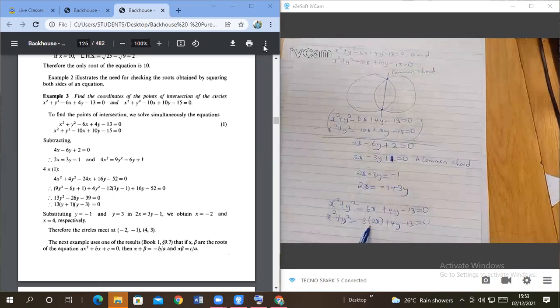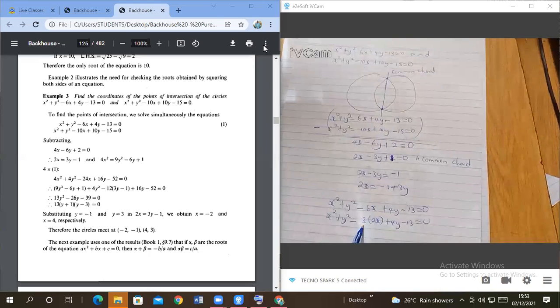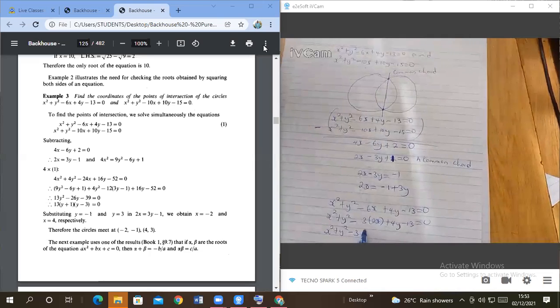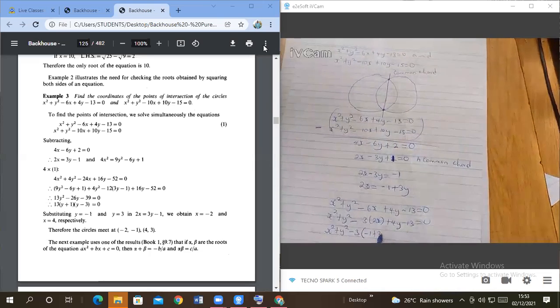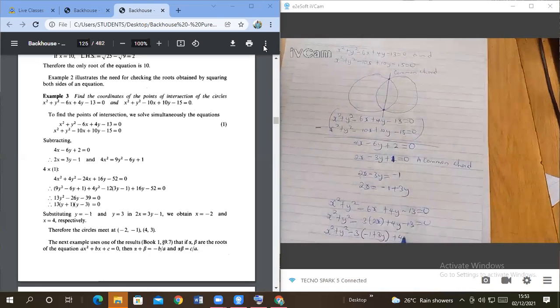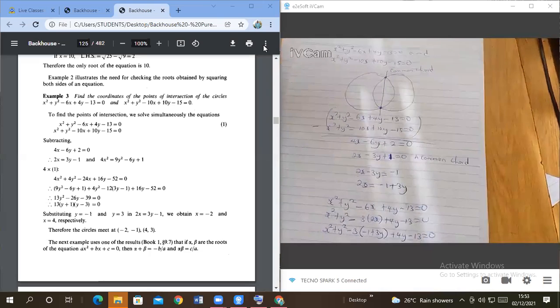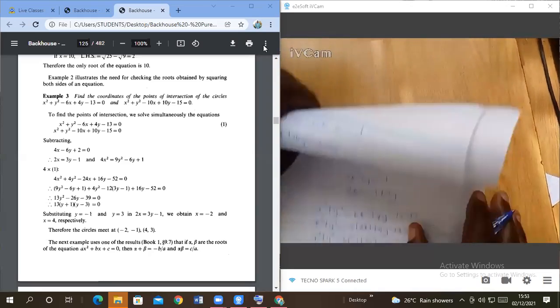I have converted the 6x in terms of 3 times 2x, so that where there is 2x, I just replace it. So I have x squared plus y squared minus 3, my 2x is negative 1 plus 3y, plus the 4y minus 13 is equal to 0.